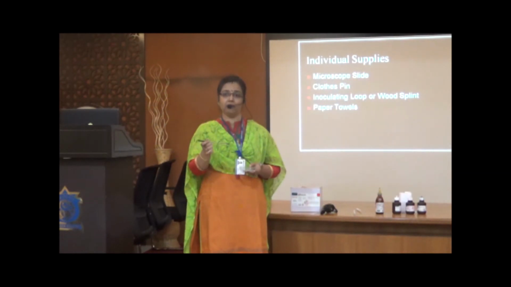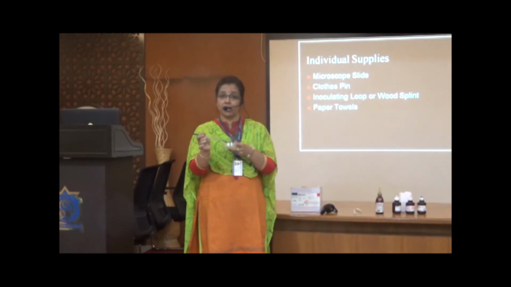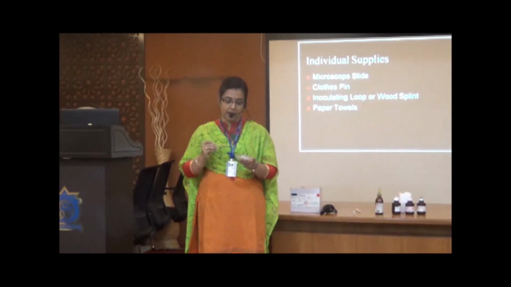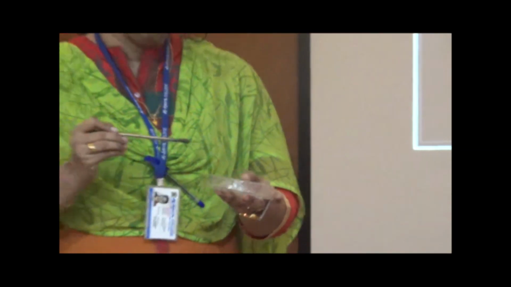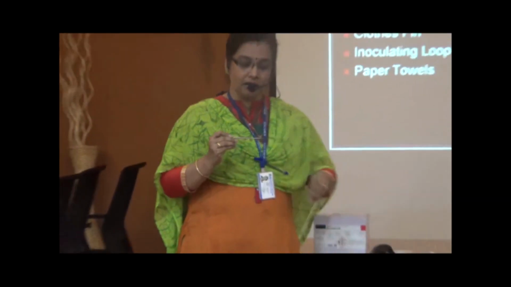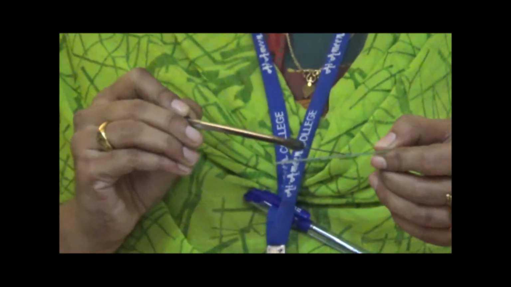Before collecting the sample, we red hot the loop for removing all the contamination present in the loop. And after red hotting and cooling, we collect the sample from the plate carefully, and then we make a smear on the glass at the center of the marked circle.